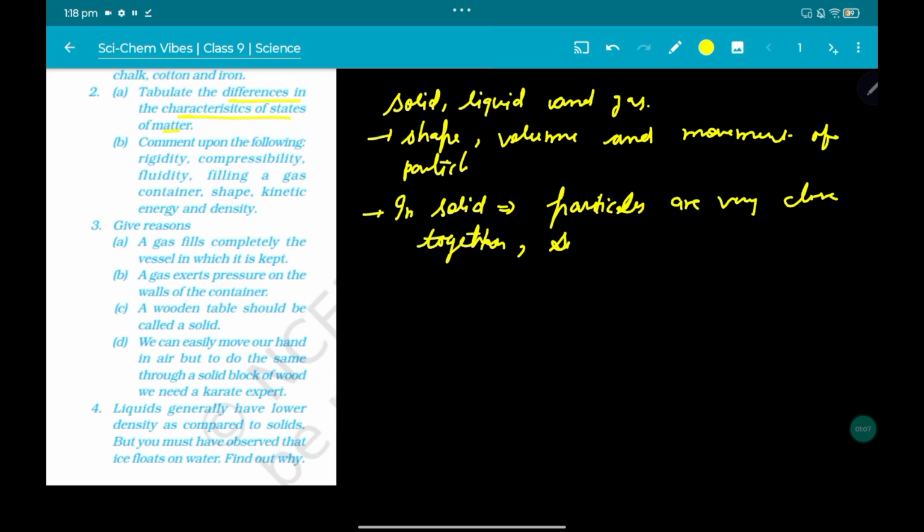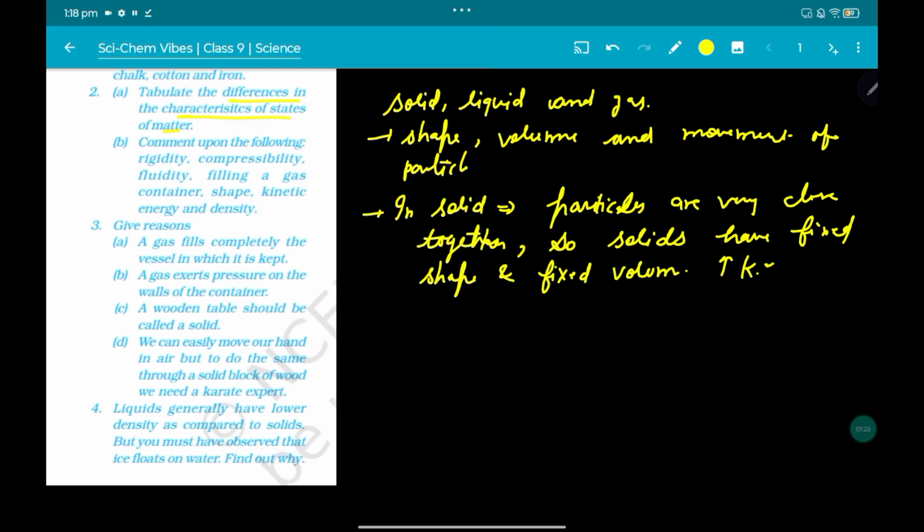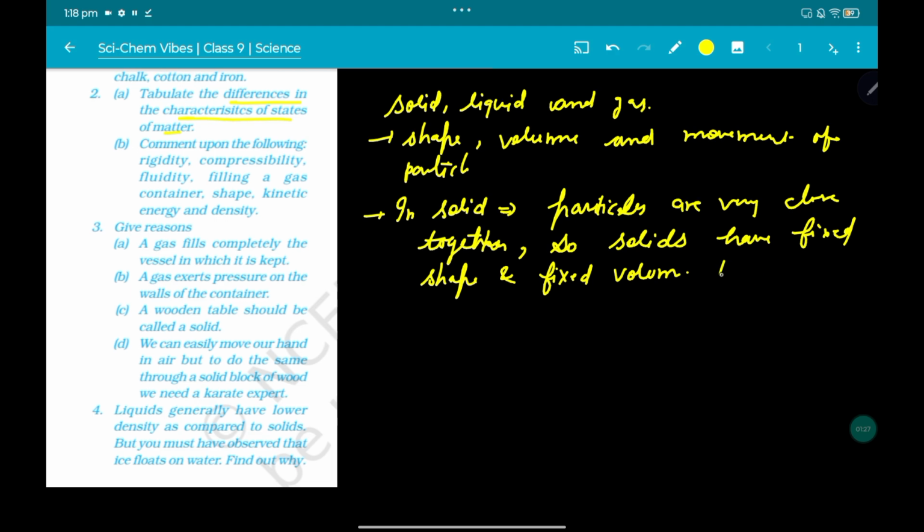So solids have fixed shape and fixed volume, and they have very low kinetic energy. Very low kinetic energy, it reaches approximately 0.